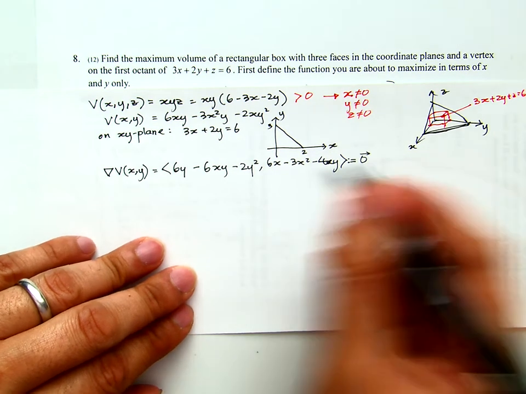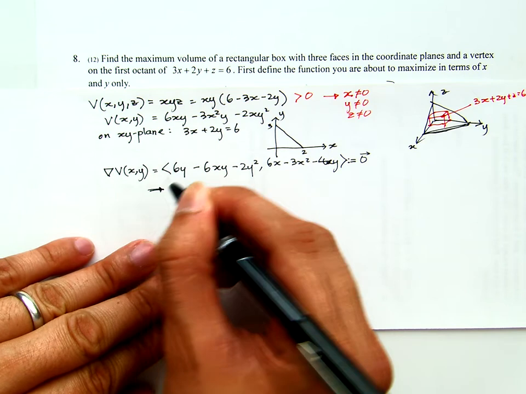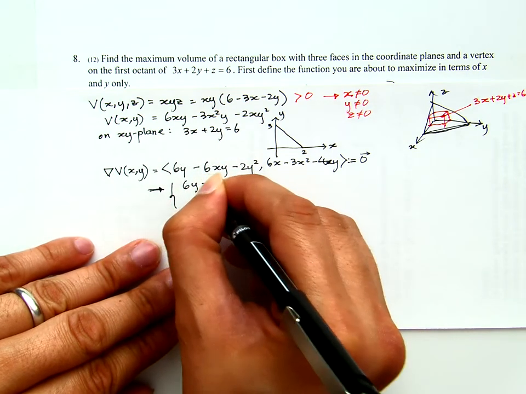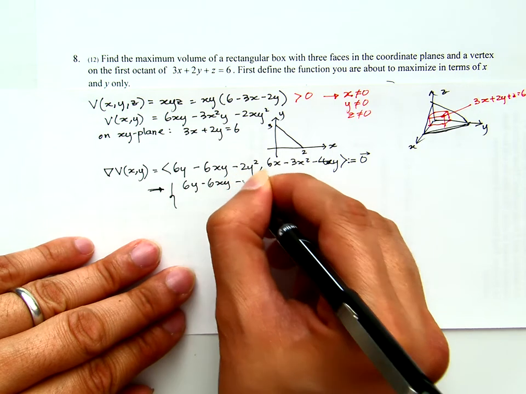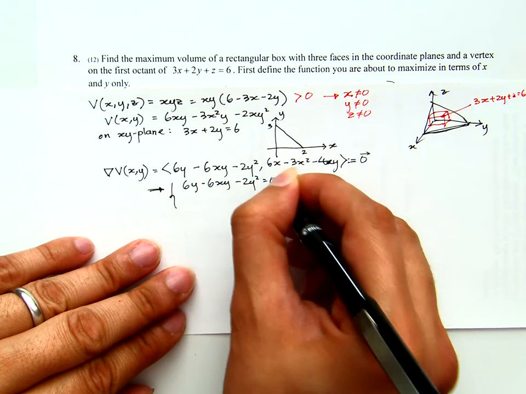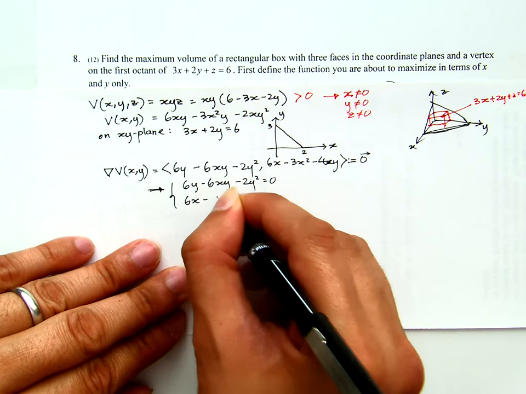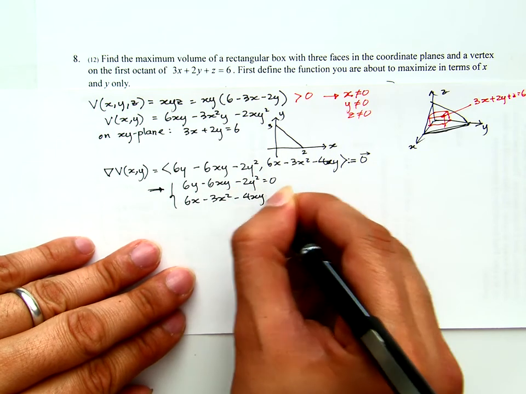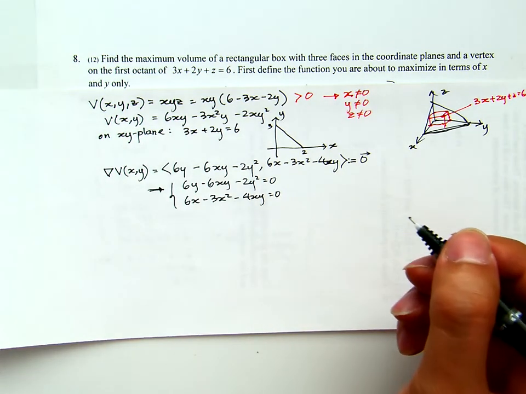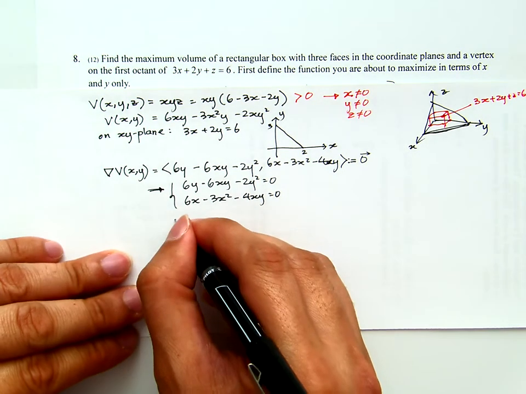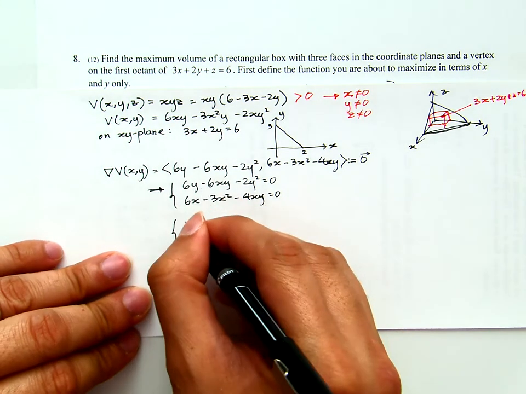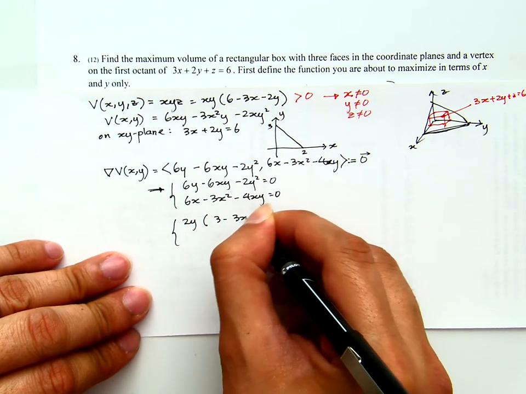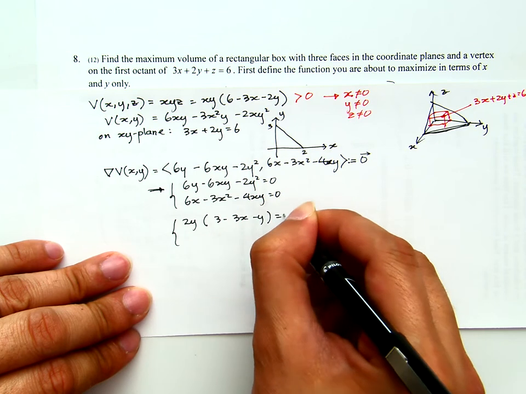then it implies the first component, 6y minus 6xy minus 2y squared equals 0, and the second component should also be 0. If I continue, I do factoring: I will have 2y times (3 minus 3x minus y) equals 0.